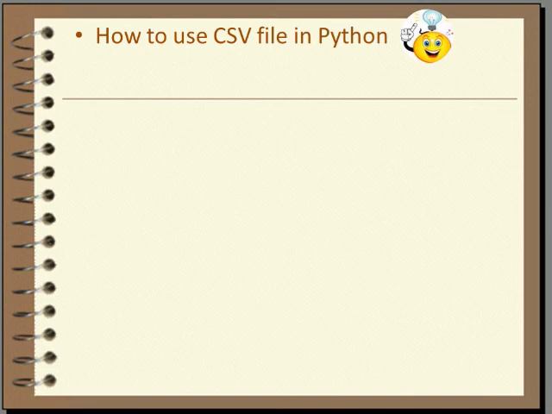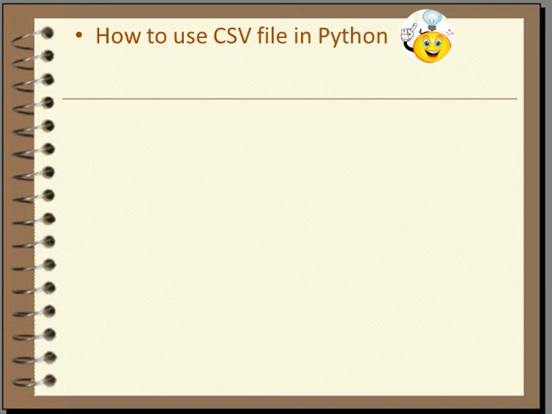Now let's start with how to use CSV files in a Python program. Every time you want to use CSV files in a Python program, either for reading or for writing, you have to follow six steps that I'll discuss one by one.